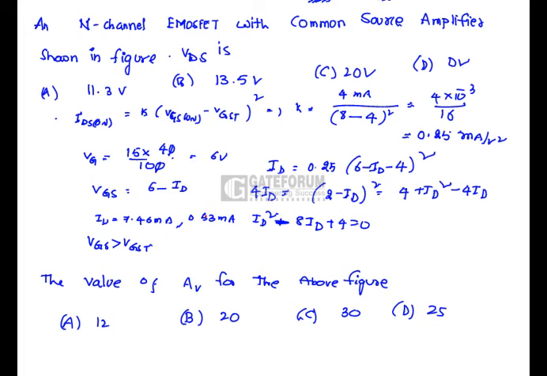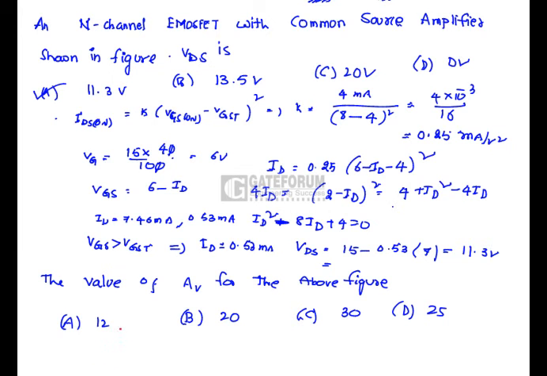From this approximation, ID is going to be 0.53 milliamps. So VDS is nothing but 15 minus 0.53 into 7, and from this V0 equals 11.3 volts, that is option A is correct.